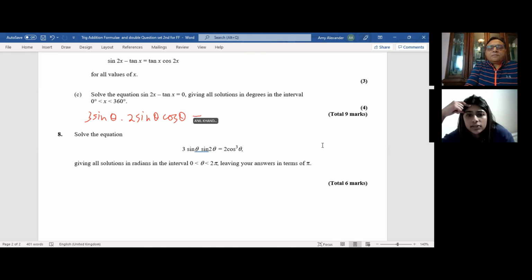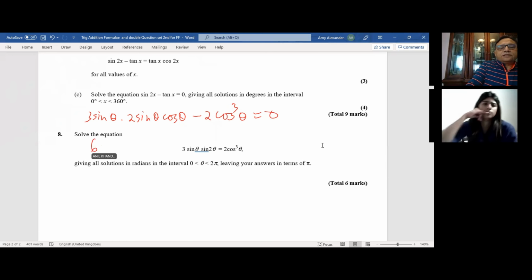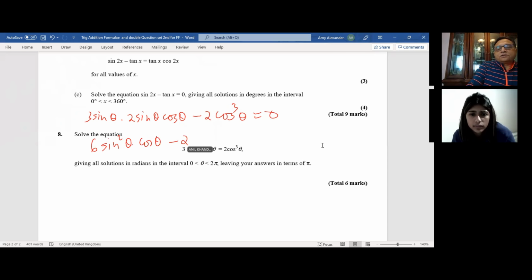We'll bring it here, right? Minus 2 cos cube theta equals to 0, right? Let us see. We have 6 sine square theta times cos theta minus 2 cos cube theta equals to 0, correct?